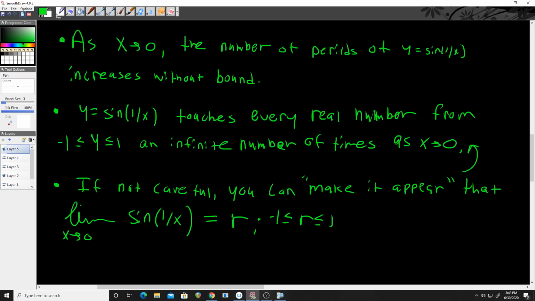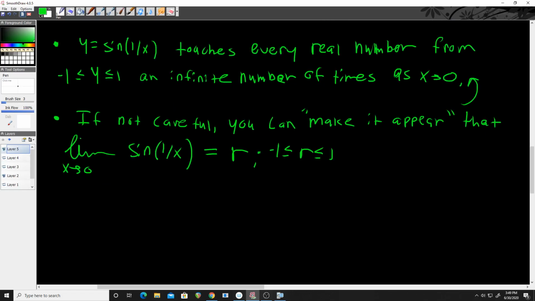If you're not careful, you can make it look like the limit is any one of these numbers. The fact that you're able to do that is quite remarkable, but it shows that the limit cannot be any one particular value.